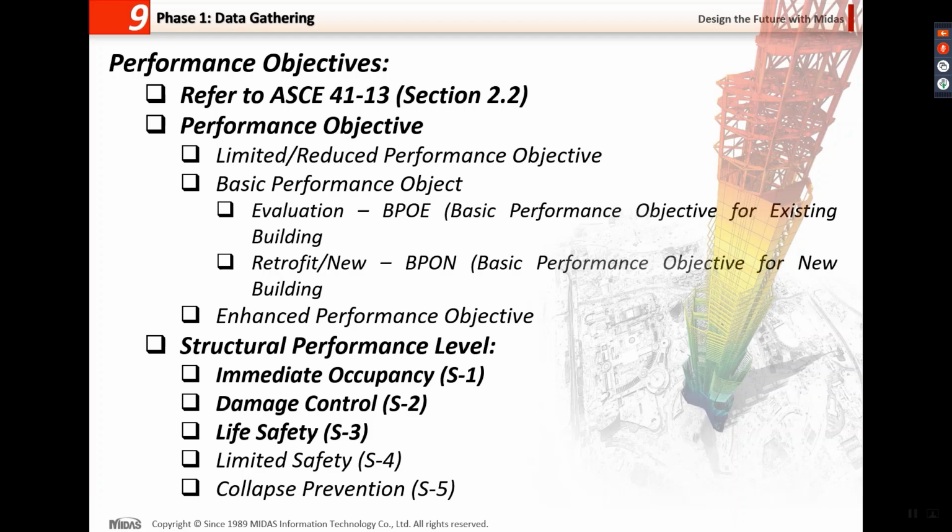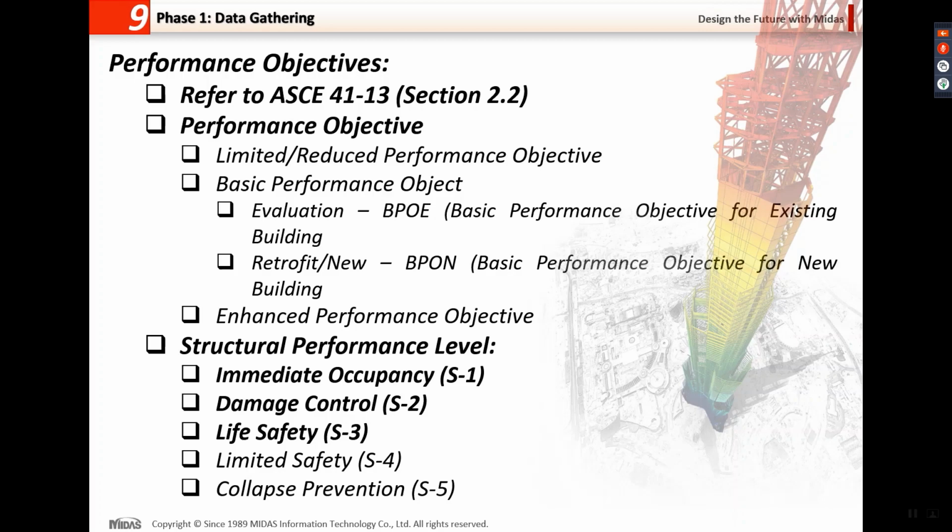For the structural performance level, we actually have five structural performance levels, but because of the limitation of Tier 1 and Tier 2 analysis or evaluation, it is only limited to immediate occupancy up to life safety.